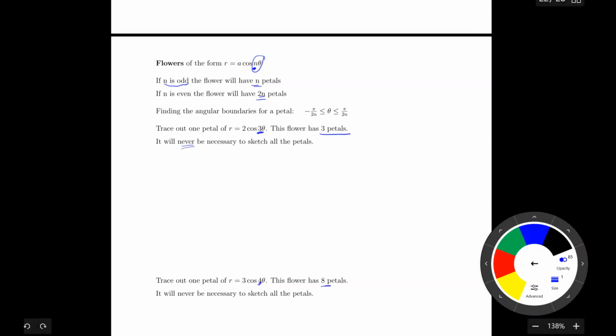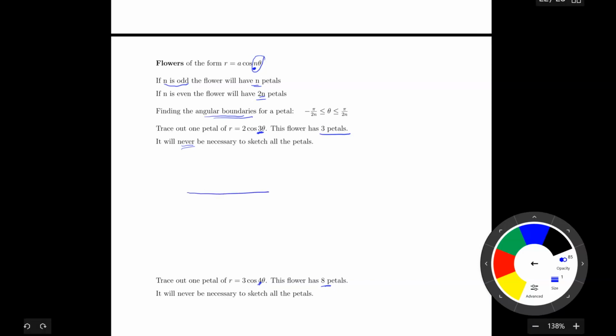It is never going to be necessary for you to sketch out all the petals. What we're going to be interested in is drawing one petal, tracing out one petal, and this is what you'll need to find the angle boundaries of one petal. So if it's cosine, we know it's symmetric with the x-axis, right?